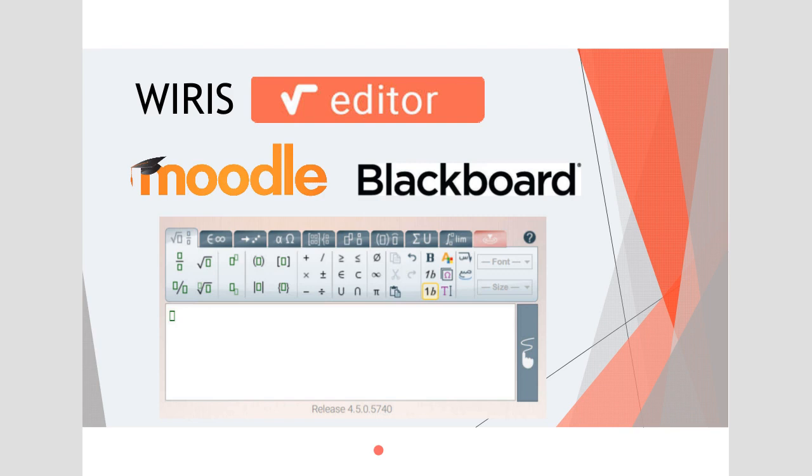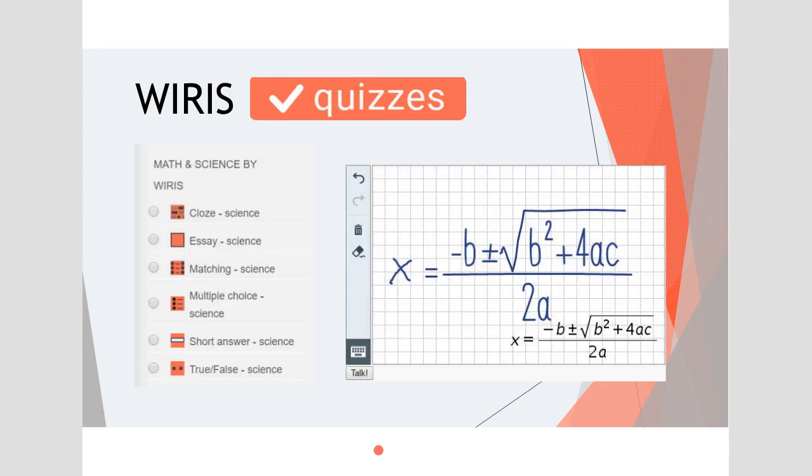On the other hand, we have Wiris Quizzes. That is another plugin that is also integrated into Moodle, and it adds some features to the Moodle questions, mathematical features to be precise.